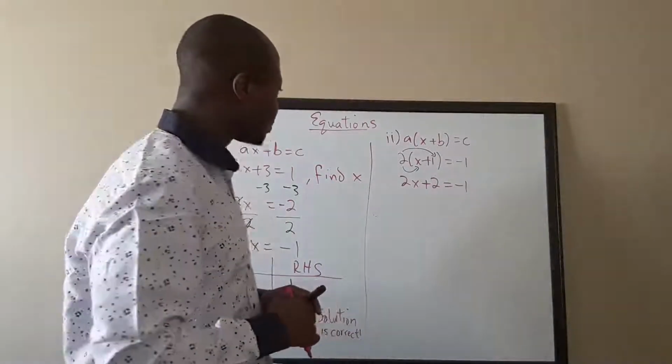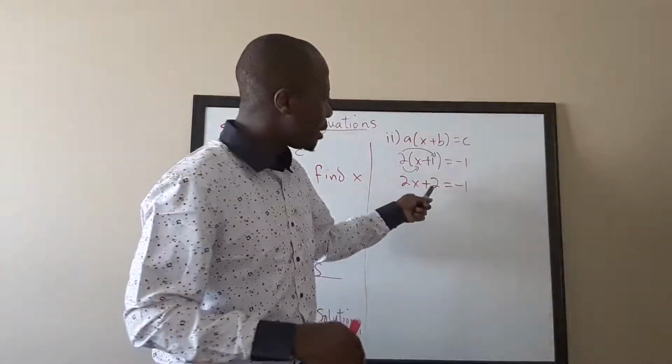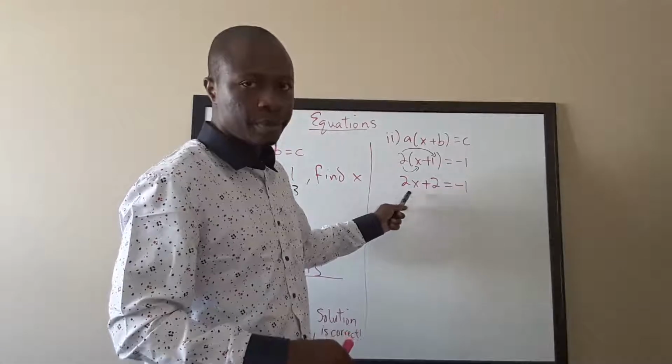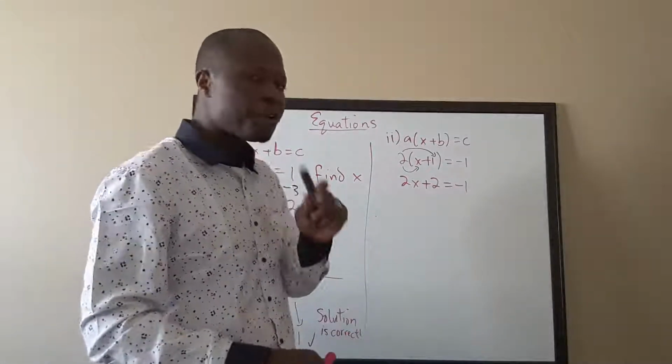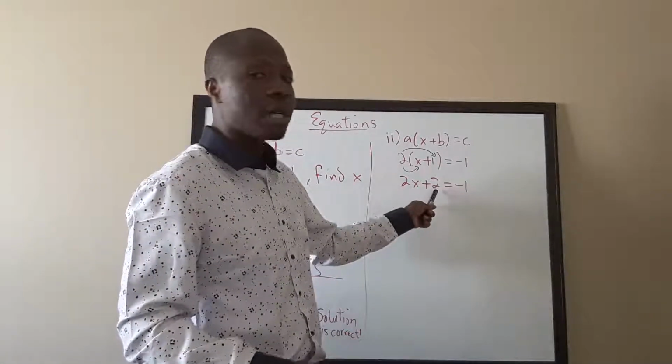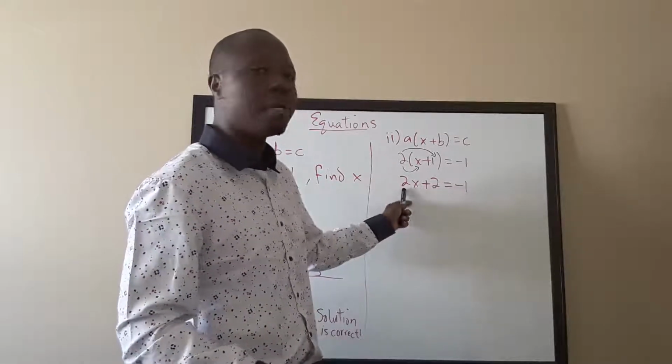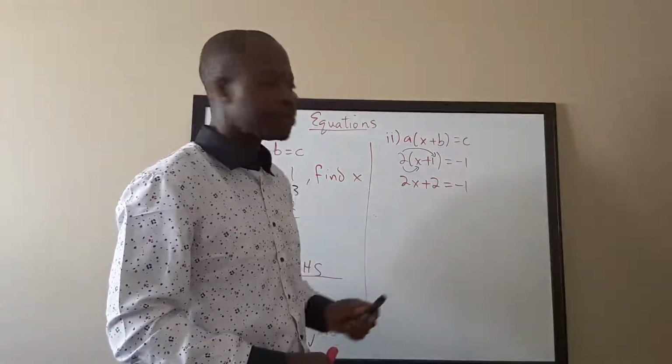So now we must get rid of 2 and get rid of 2. But remember, you must first get rid of the number not attached to the x, and then secondly get rid of the number attached to the x.